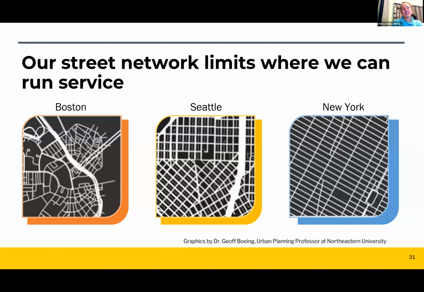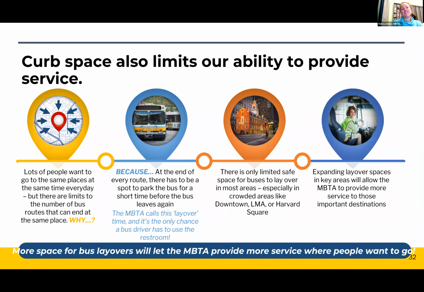So on the next slide, we can also see different types of limitations. Our curb space. I know lots of people want to go to the same places at the same time every day, but there are limits to the number of bus routes that can end at the same place. The reason is that it's important to have layover space at the end of every route.